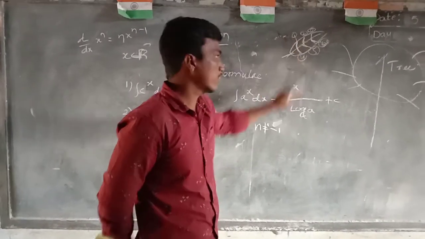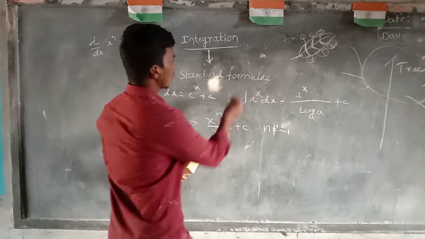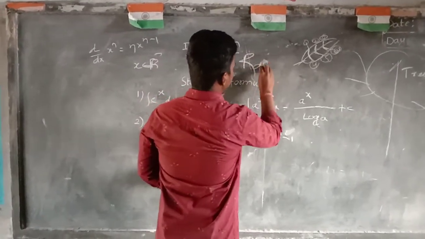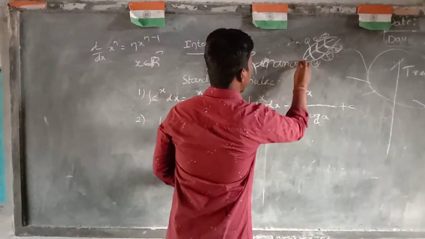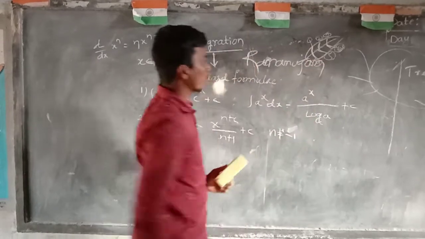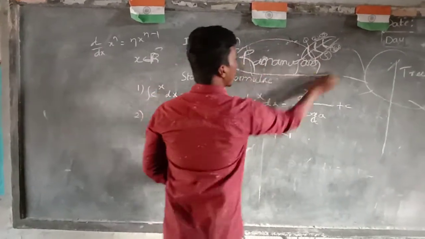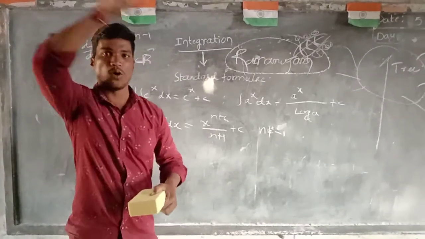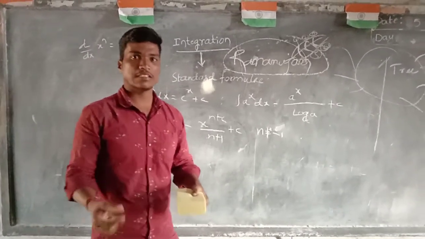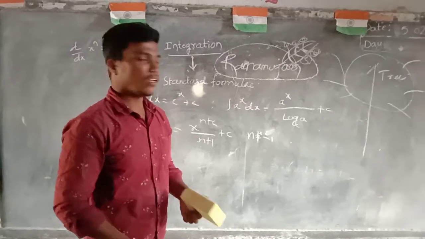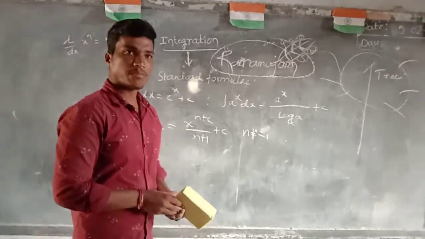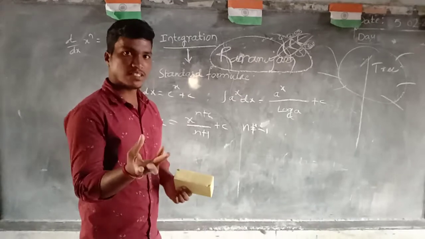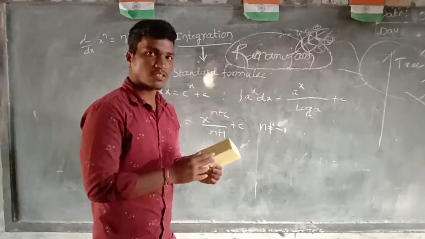Ramanujan, the father of mathematics. This one name includes the mathematics all over the world. It will be magical. Not only in mathematics, physics is also coupled with mathematics.